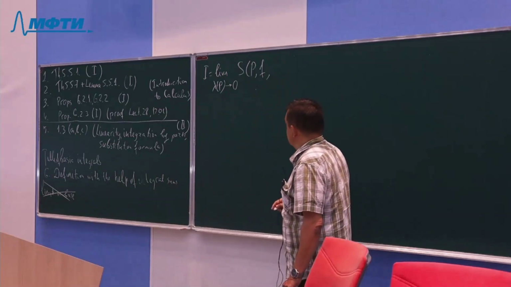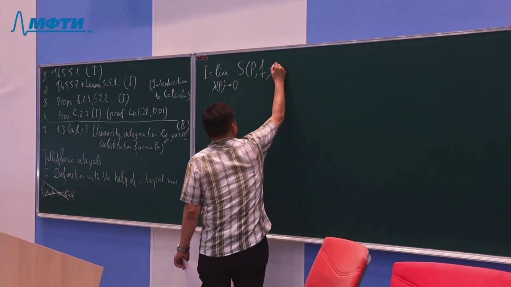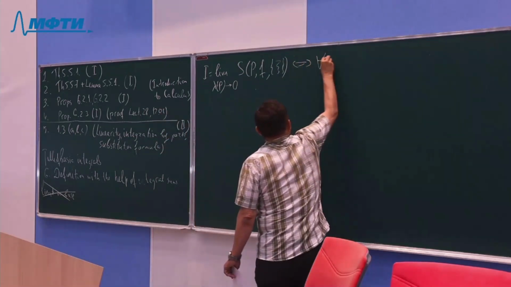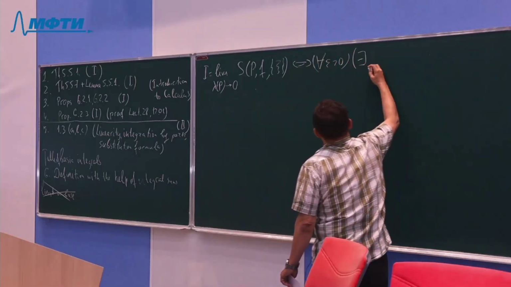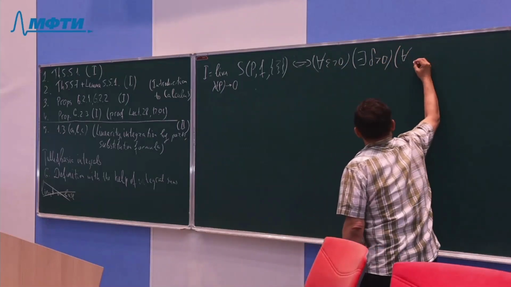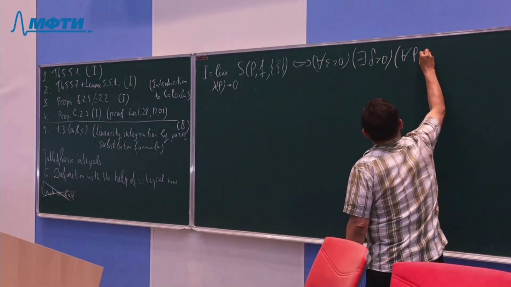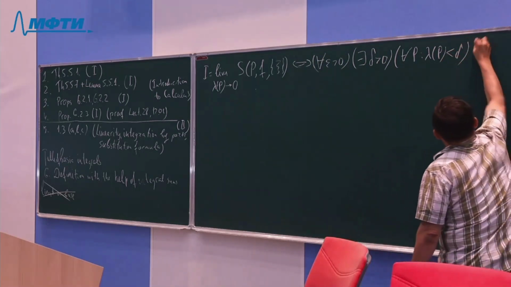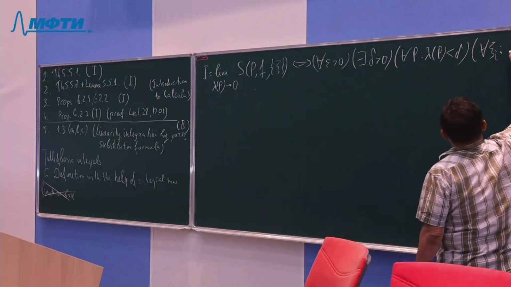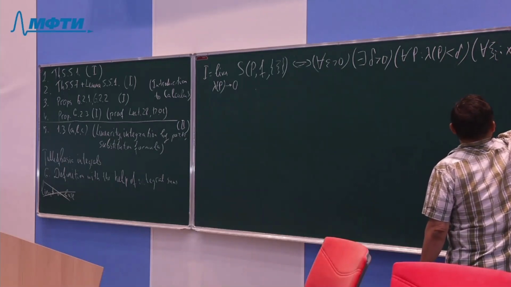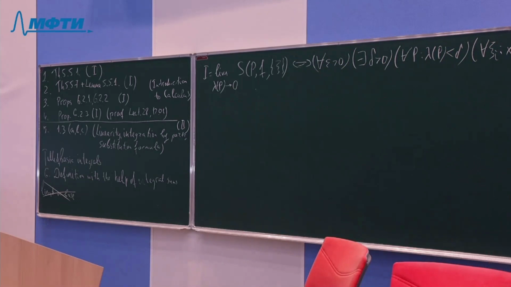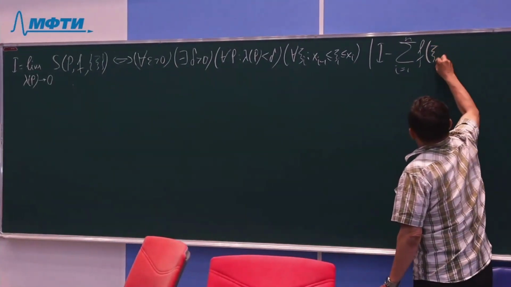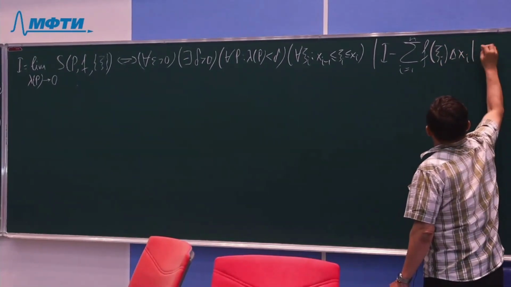What it means: for arbitrary epsilon greater than 0, there exists delta greater than 0 such that for all partitions with diameter less than delta, and for all xi_i such that x_{i-1} is less or equal to xi_i, which is less or equal to x_i, the difference between I and the integral sum is less than epsilon.